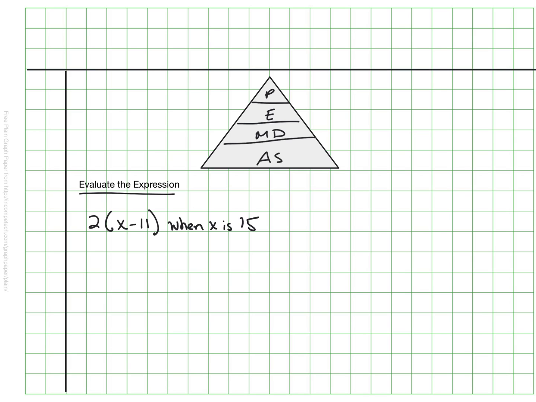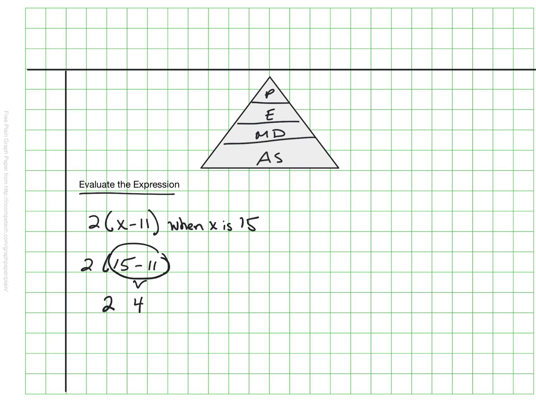We have another expression, 2 parentheses x minus 11 when x is 15. So we'll go ahead and substitute. We'll make this a 15 instead of x minus 11, right? And we have our order of operations, so I'm going to be using my parentheses first.